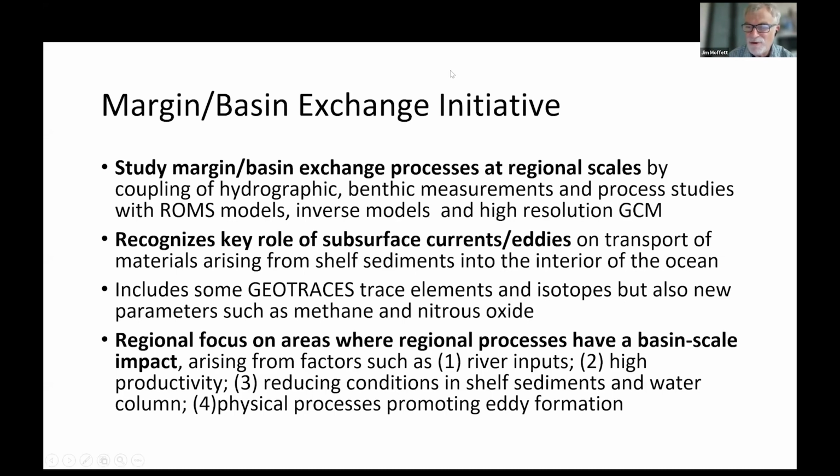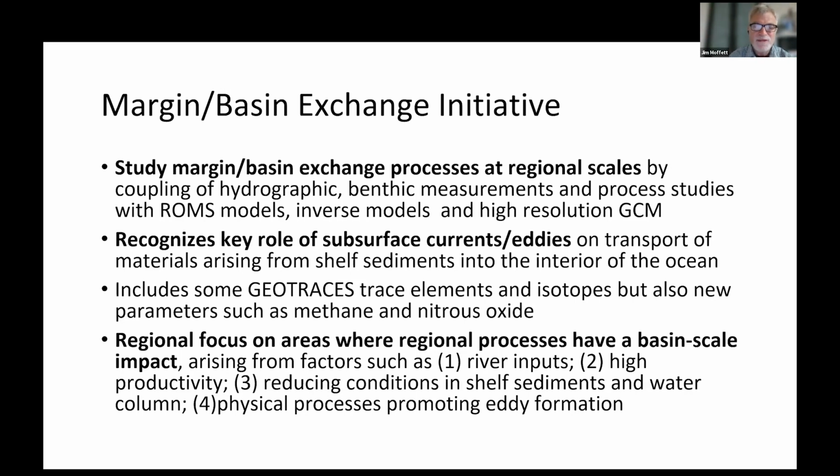Our dialogue came up a little over a year ago, and I proposed that we get some type of margin basin exchange initiative going, which might be both a kind of initiative that GEOTRACES might transition to, but also a way of bringing the benthic community more into the emerging BioGeoSCAPES program that Heather was talking about.